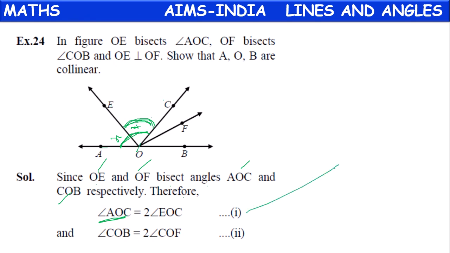That is the first conclusion. In the same way, this big angle COB equals double this small angle, so COB equals 2 times COF. These two conclusions we can draw.